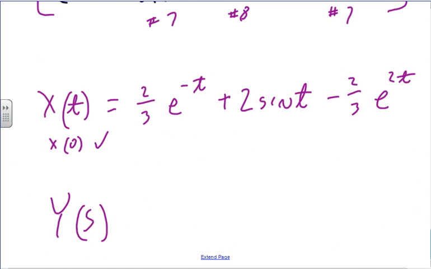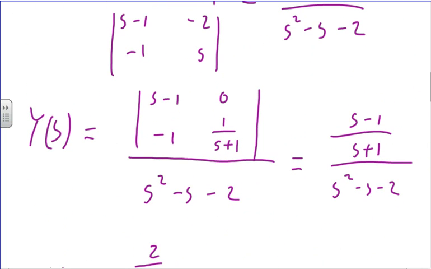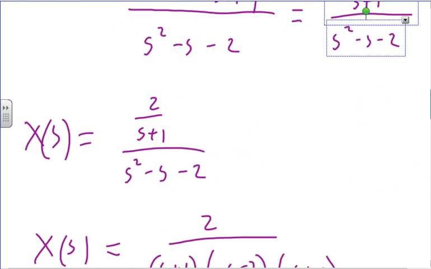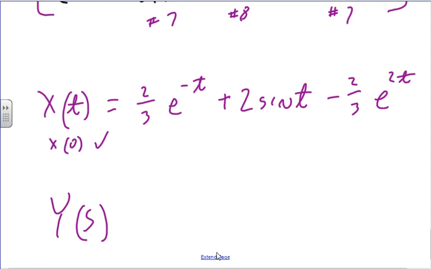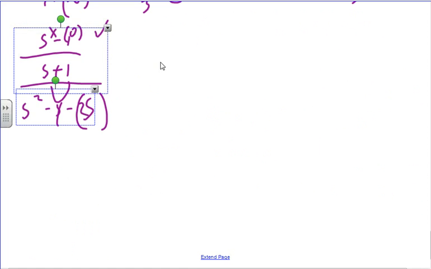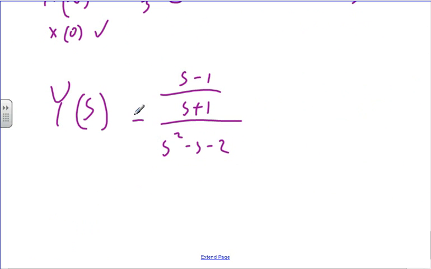So we got x of t, but now we got to go back up and get, where's y of s? There's y of s. Copy. And so y of s is that guy.